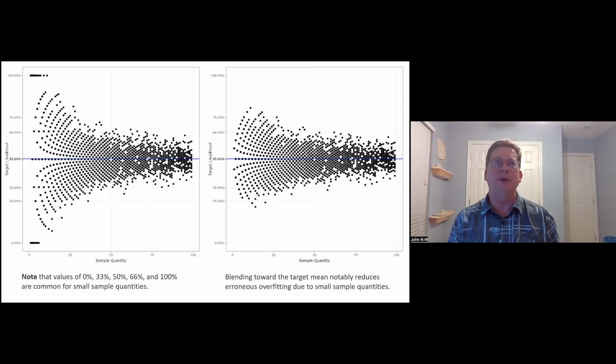So this might be COVID testing. If you tested positive for COVID or tested negative for COVID, it's either going to be true or false. So if you have one person with a COVID test, you're either going to get a 0% score or you're going to get a 100% score off of that one person.